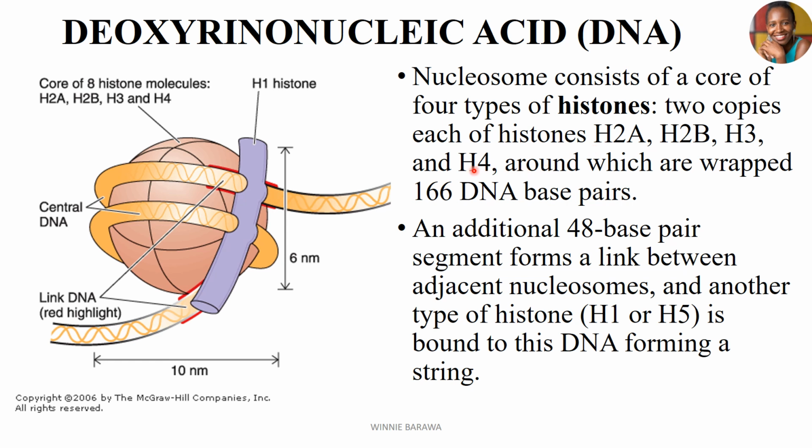So we have four main types of histones that are normally used for us to condense our DNA, and they come in pairs. We normally pair these four types of histones, that is H2A, H2B, H3, and H4. So in short, we will have 8 core histones where our DNA will coil through.